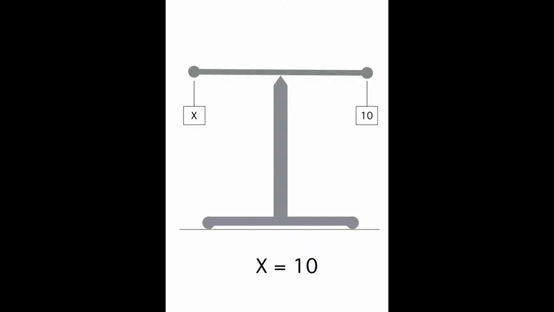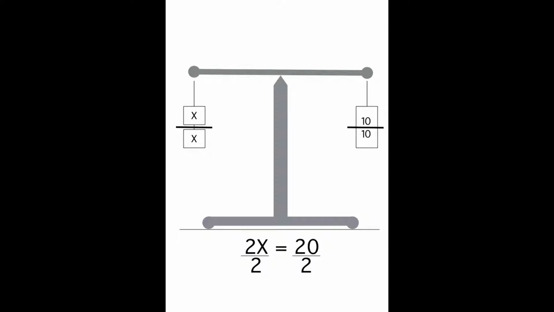So if we start with our equation x equals 10, and I want to double it, then I have to double both sides. So I can say 2x equals 2 times 10, which is 20. Notice that in this case, I've doubled the x's on the left-hand side of the balance, so I've had to double the 10s on the other side to keep it balanced.